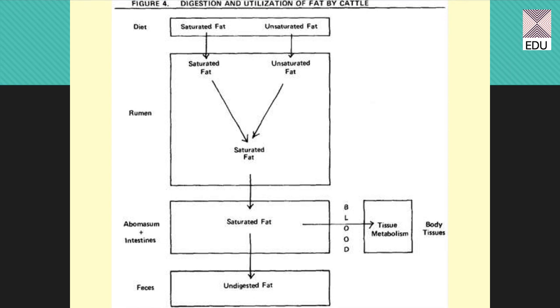This fat is taken as such by the abomasum, and it is digested and taken into tissue metabolism through the blood, and the undigested fat is simply given out into the feces, which is shown at the very end of this diagram. So this is the digestion and utilization of fat by the cattle.